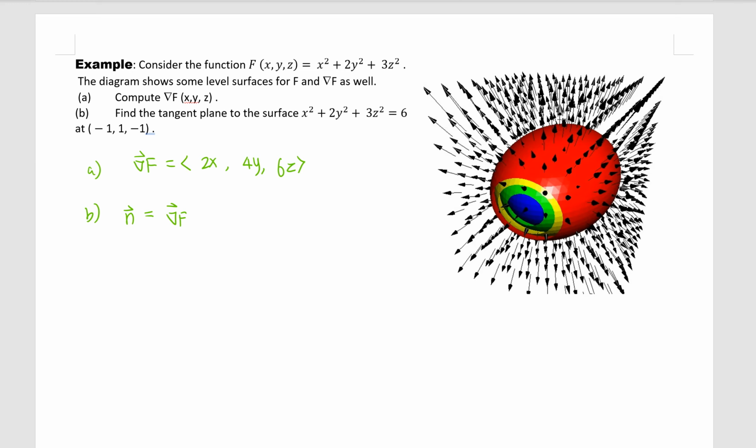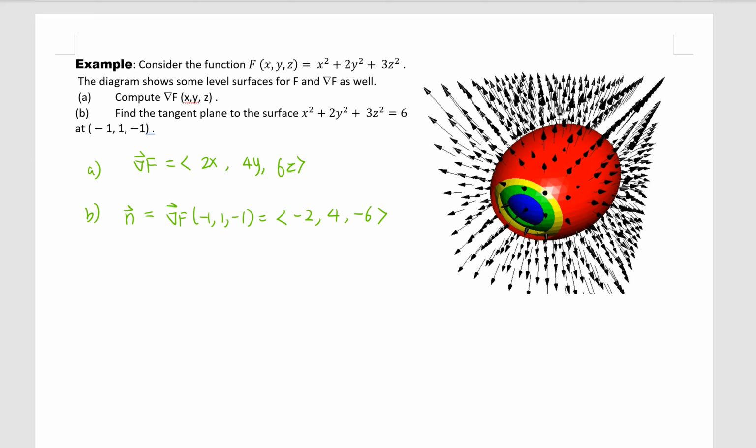If you can remember, try to write down the arrow on top of it. Okay, so evaluate at the point (-1, 1, -1). Then we have (-2, 4, -6). Right? And then we're ready. We have the normal vector. We have a point on the plane.